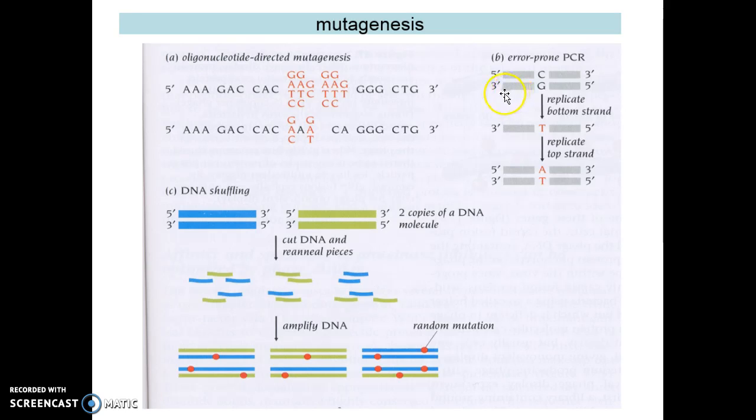B is called error-prone polymerase chain reaction.